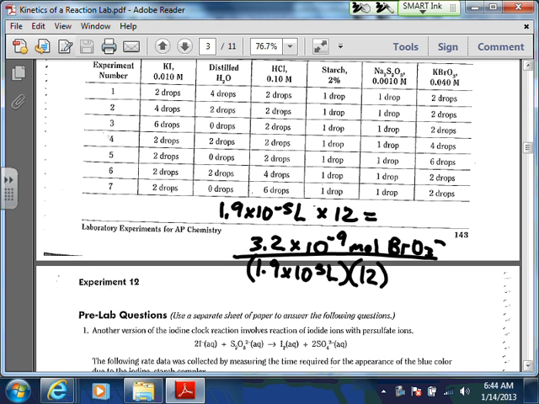That's going to give you your concentration, which would be 1.4 times 10 to the negative fifth.